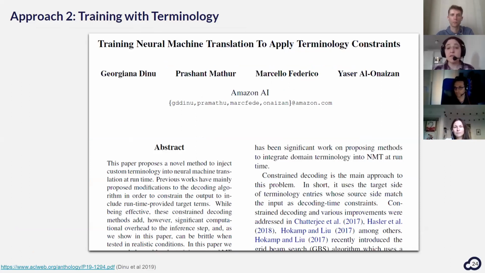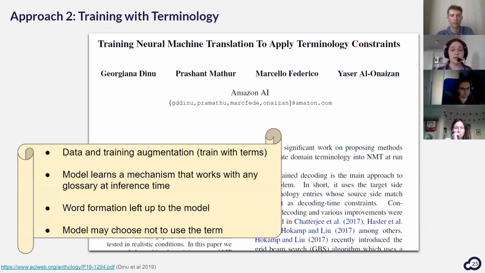The second approach, which I think is a little more interesting, is training the machine translation model with the terminology from the start. In this paper by Dinu et al., they augment the source sentence with some guidelines for the model to learn when it should use a particular constraint. So it's mainly a data and training augmentation technique.